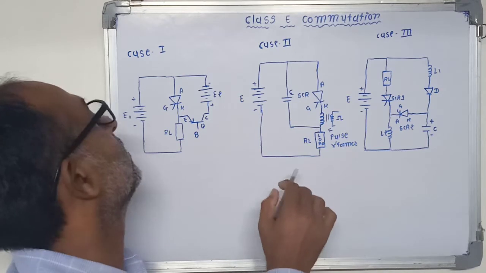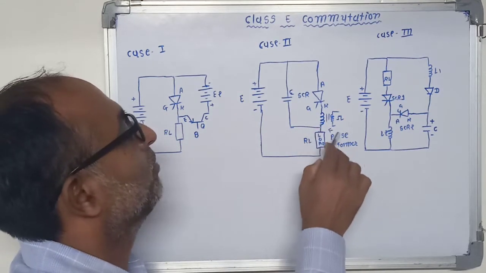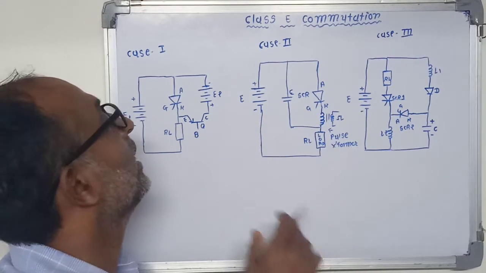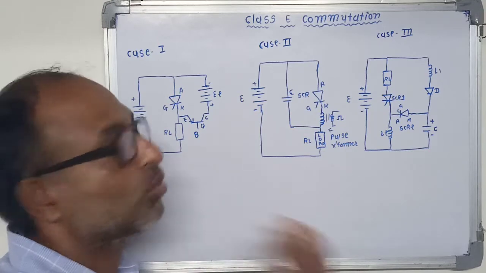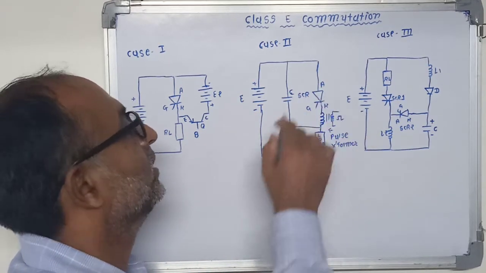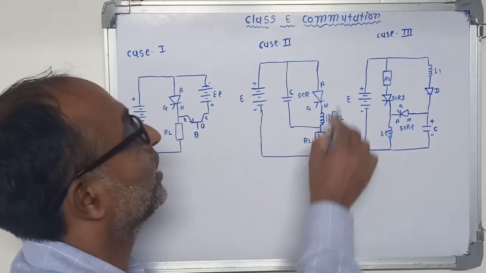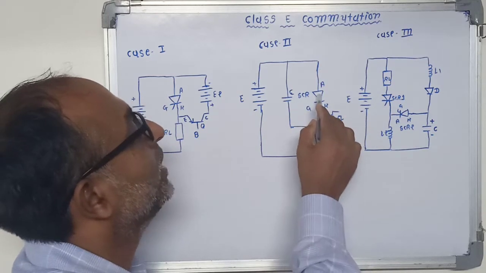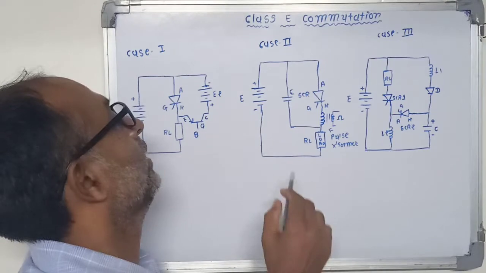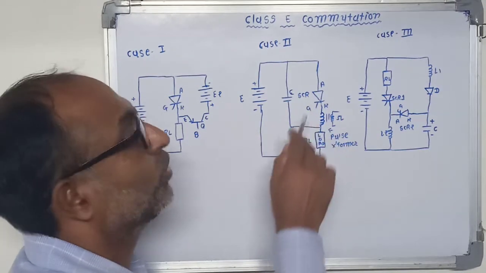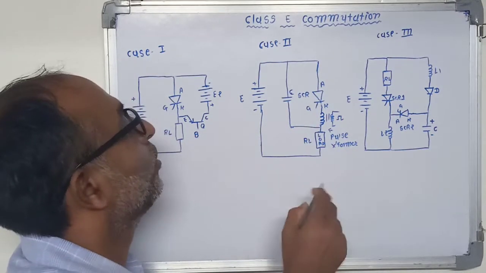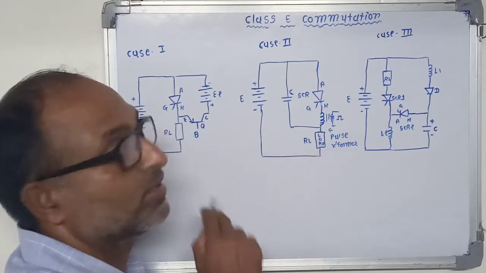Now in the second case, we are using a pulse transformer as an external source to turn off the main thyristor. Here the secondary winding of this pulse transformer is connected in series with the SCR. Now when the thyristor is turned on by applying the gate pulse, load current flows through these circuits.